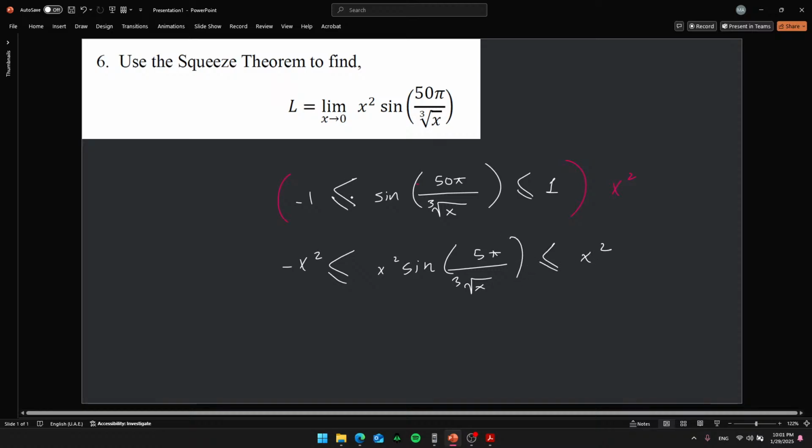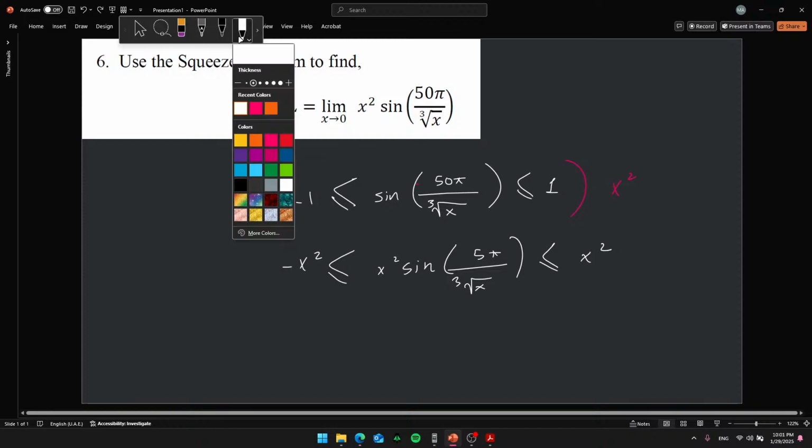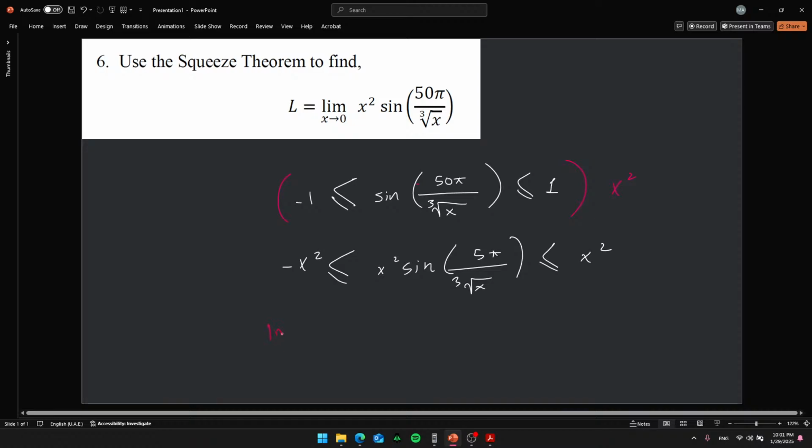Now we have the limit missing, so take the limits of the 3 functions. Limit as x approaches 0 of negative x squared, limit as x approaches 0 of x squared sine 50 pi over cube root of x, and limit as x approaches 0 of x squared.